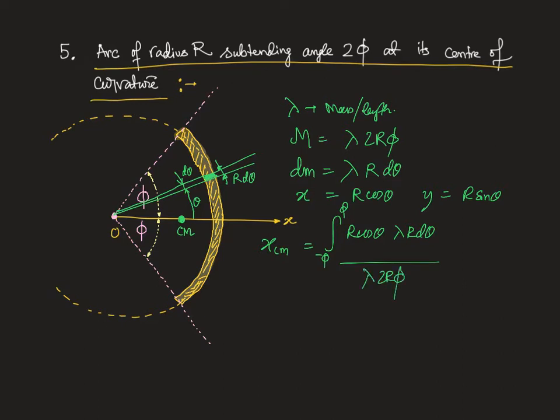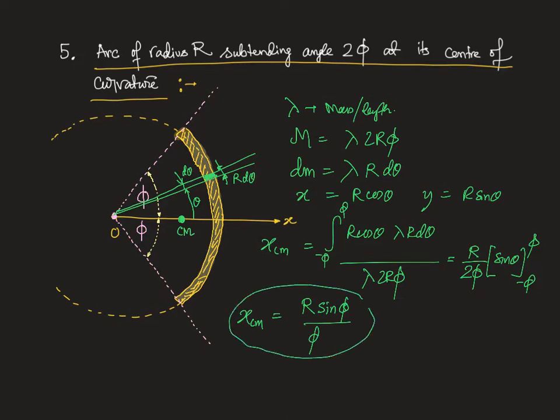If you put the limits, you get r by 2 phi times sin theta from minus phi to plus phi. So xcm is equal to r sin phi by phi.